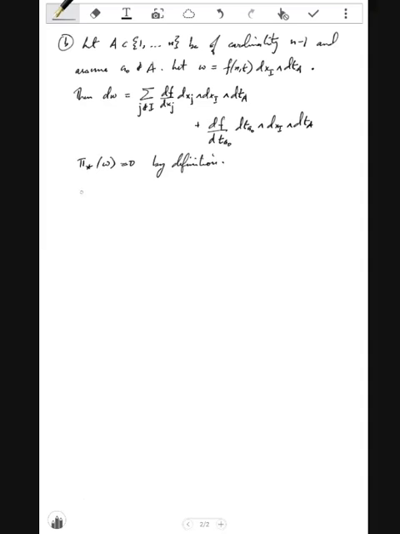So let's consider pi lower star d omega. That is equal to minus 1 to the power cardinality of I plus a_0 minus 1, times the integral of partial f by partial t_{a_0} dt_1 through dt_n dx_I.